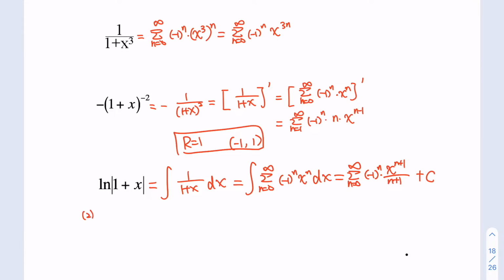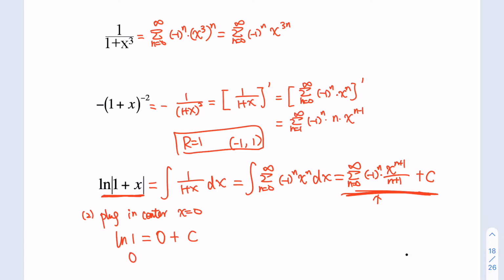We are going to plug in the center, x equals 0. So the left is this, right is here. So left, ln 1 equals, when we plug 0 in, the sigma notation here is 0 plus c. ln 1 is 0, so c equals 0. So this gives us ln of 1 plus x equals sigma.